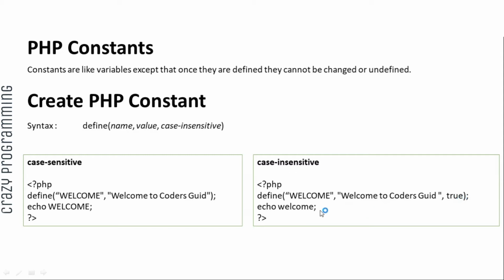Then I echo welcome. You can see the welcome defined is in capital letters, and the welcome which I print is in small letters, and it will print welcome to Coder's Guide because it's case insensitive, because I put true here. Alright.